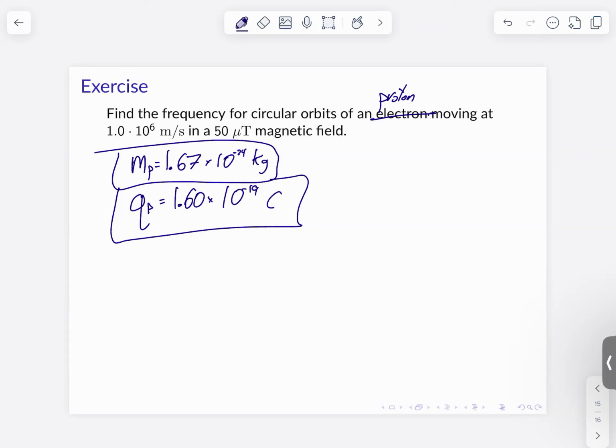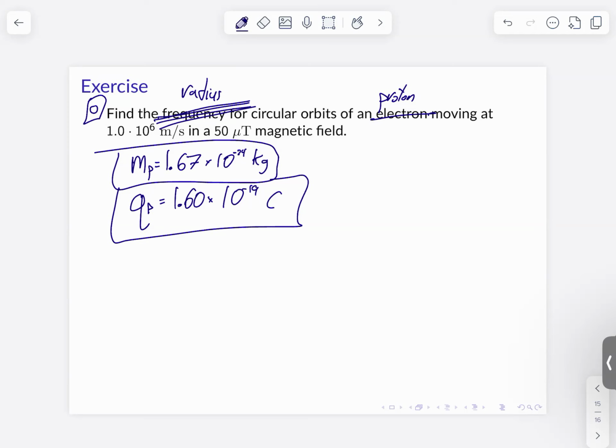This is question O, by the way. Not the frequency, for dog's sake. Radius. The gyroradius.